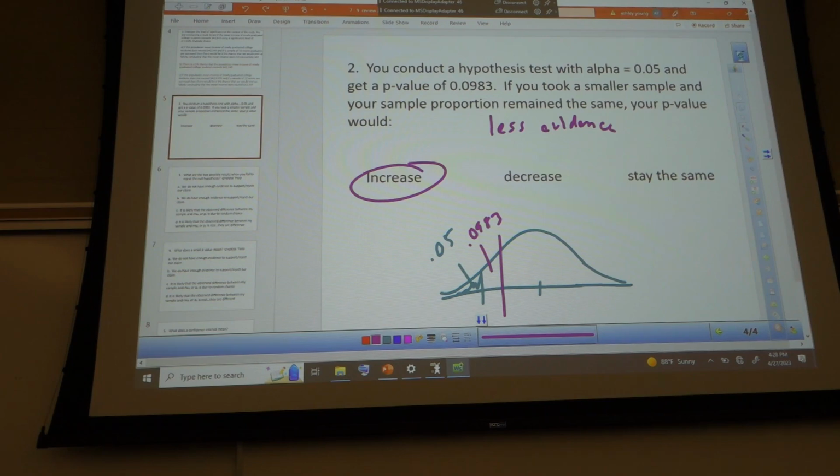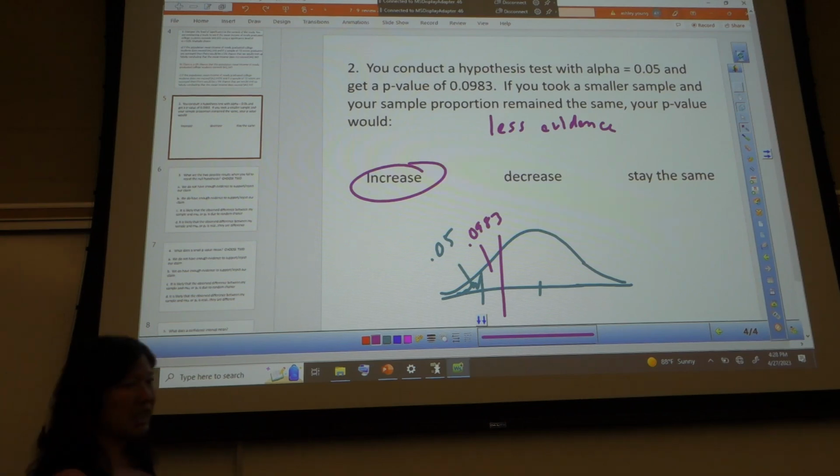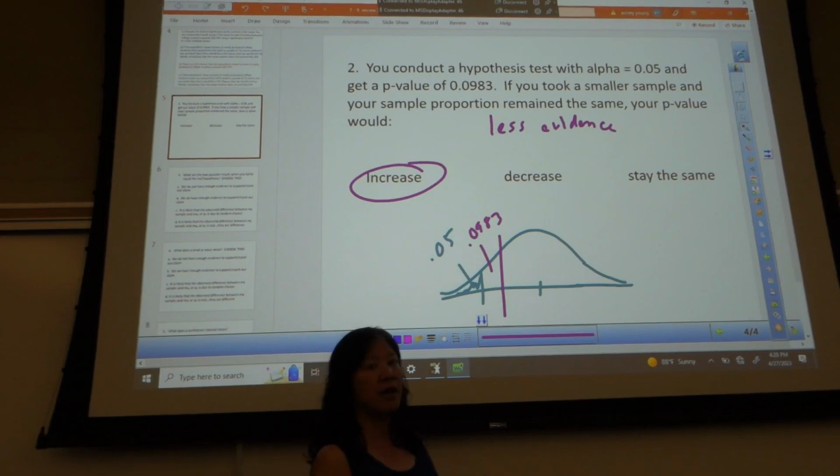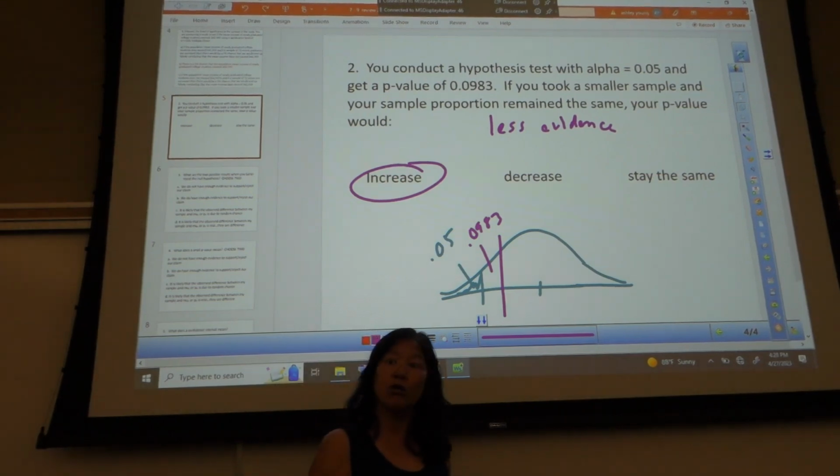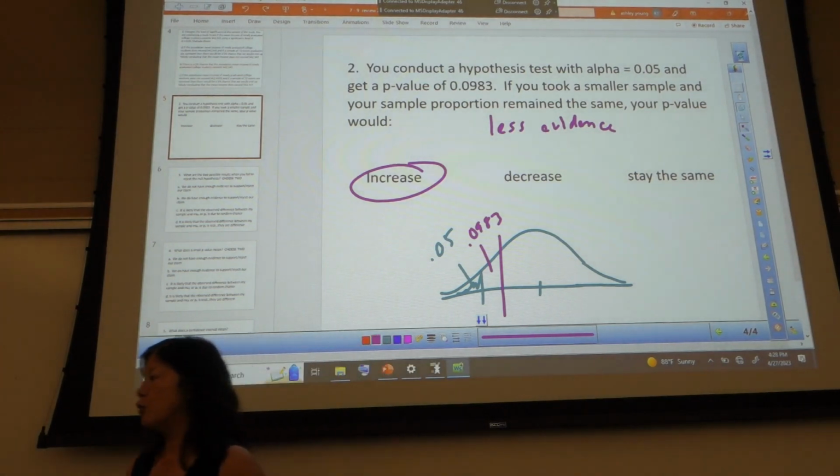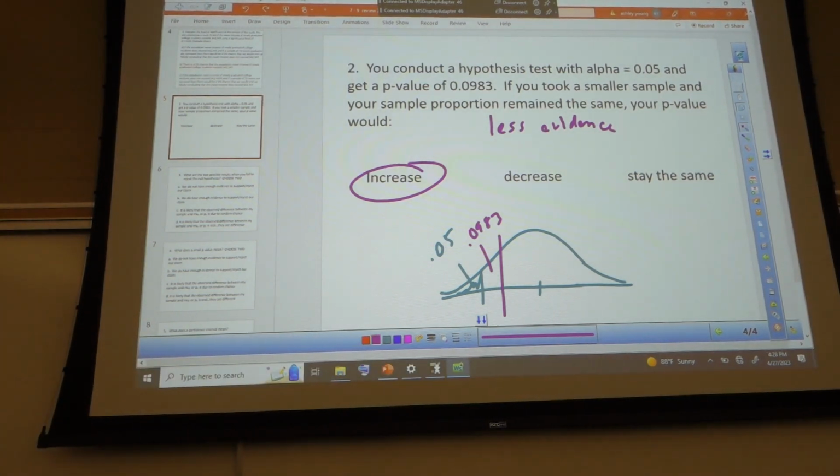So everyone good? Nicely done, everybody. So those are the ways that you should think about it. When you think about sample size, think in terms of less evidence, more error. So in general, smaller sample sizes mean less evidence, more error.